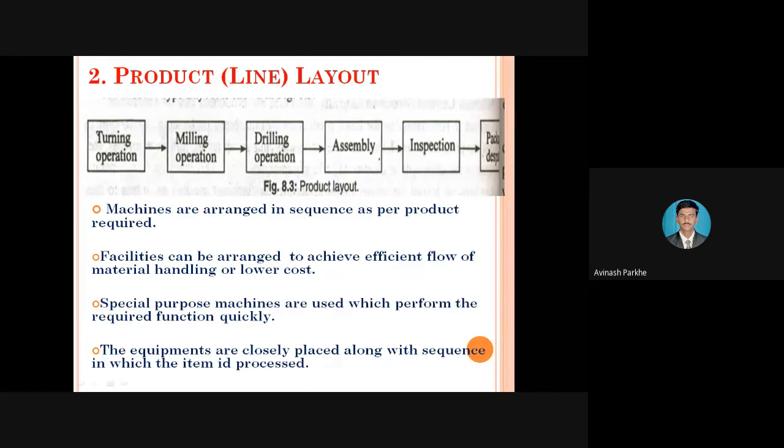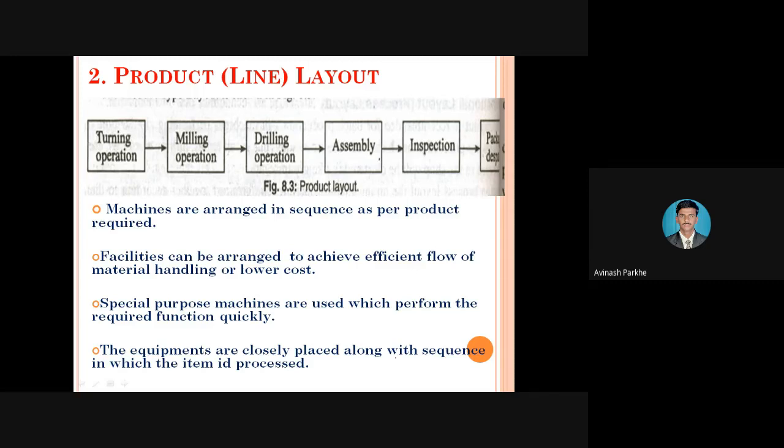Then the equipments are closely placed along the sequence in which the item is processed. So equipments are closely placed along the sequence. Sometimes the distance between the first machine and the second machine is also very small, because once all the operations are performed on machine number 1, immediately that raw material or product has to move to machine number 2.